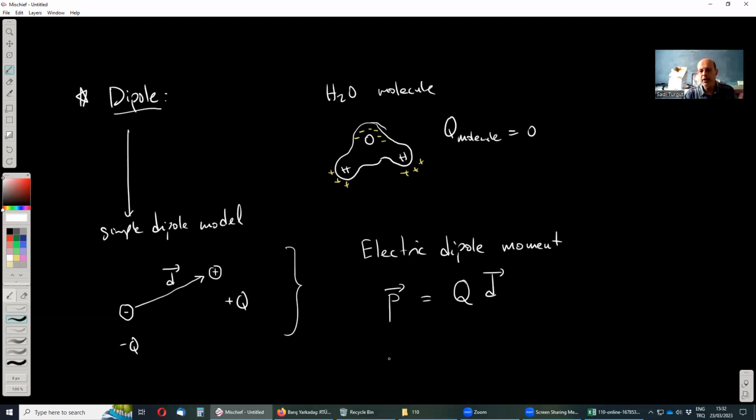None of these interactions depend on Q only or D only. The interaction depends only on this product of the charge and the separation. That's the reason why we define a quantity called the dipole moment.